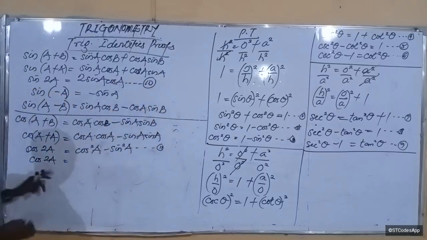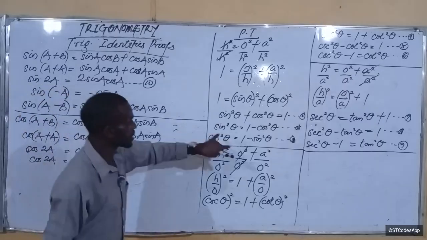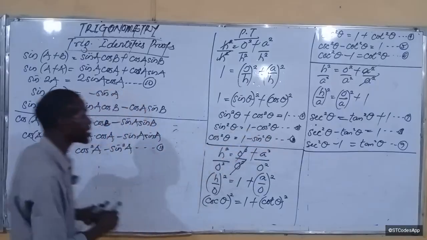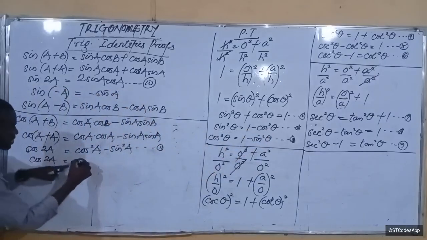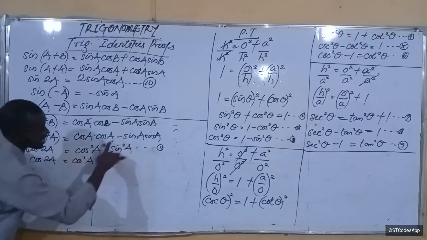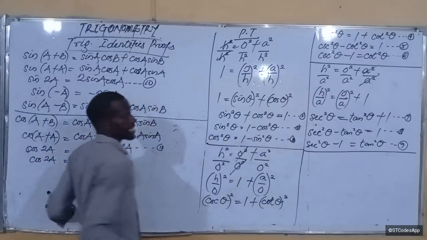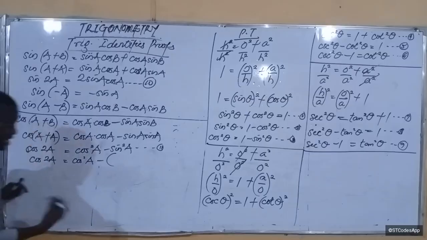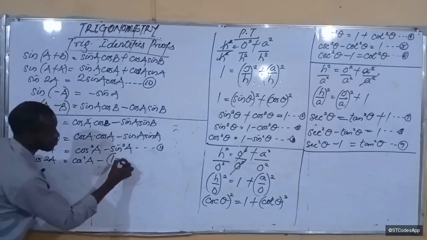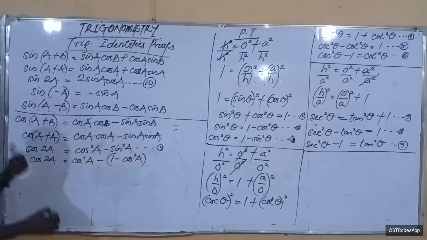If I want to write cos 2A in terms of cos, I know that sine squared theta is 1 minus cos squared theta. So I can say cos squared A minus, open bracket, sine squared A, which will be 1 minus cos squared A, given that theta is A. It's an angle, so it's just a change of value. Is that clear now?